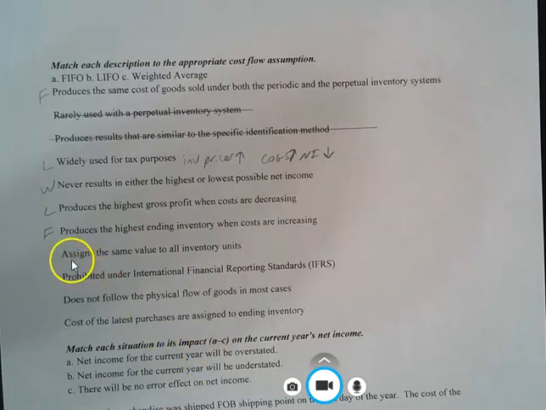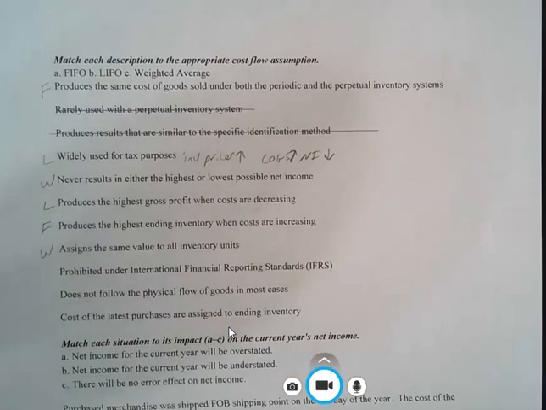All right. Assigns the same value to all inventory units. I'm just going to give you the answer and then I'll spend a little bit of time on this. This is your weighted average. And I can guarantee you that this choice was written thinking about a periodic inventory system.